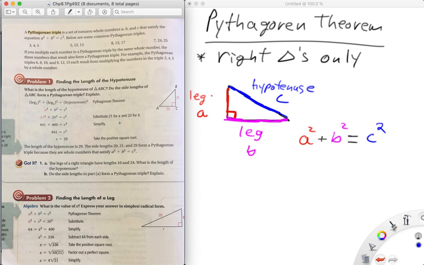Alright, so we have certain things called Pythagorean triples.